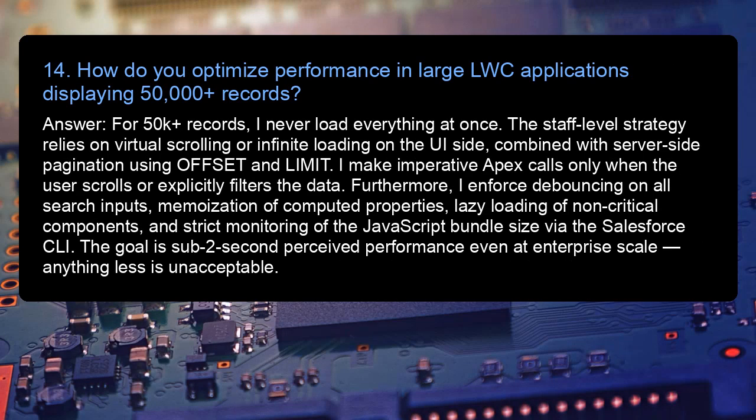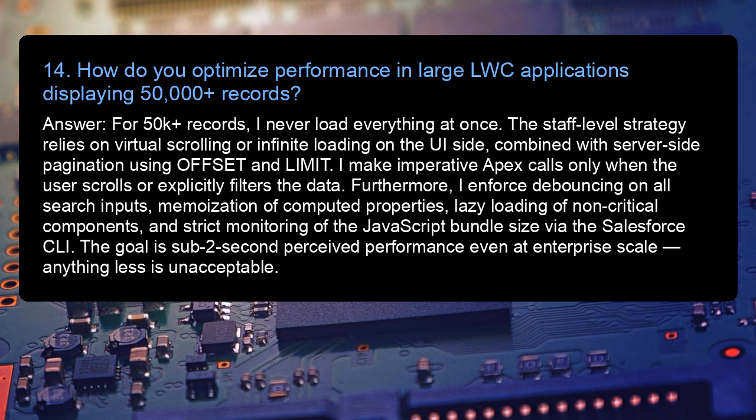14. How do you optimize performance in large LWC applications, displaying 50,000 plus records? Answer: for 50K plus records, I never load everything at once. The staff-level strategy relies on virtual scrolling or infinite loading on the UI side, combined with server-side pagination using offset and limit. I make imperative Apex calls only when the user scrolls or explicitly filters the data.